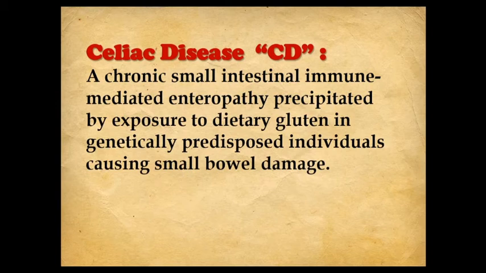Firstly, it is an immune-mediated enteropathy, precipitated by exposure to an extrinsic triggering factor, which is dietary gluten, and this happens in genetically predisposed individuals, not in all individuals. It's a chronic problem, and with the presence of these three elements, it will cause small bowel damage.